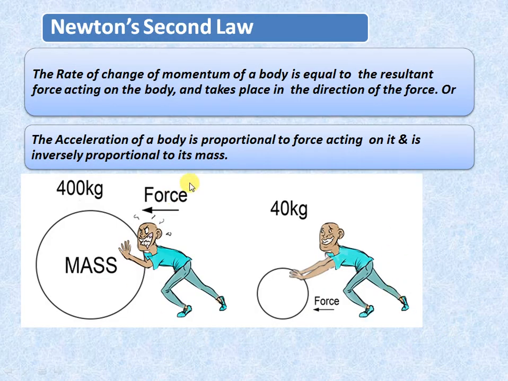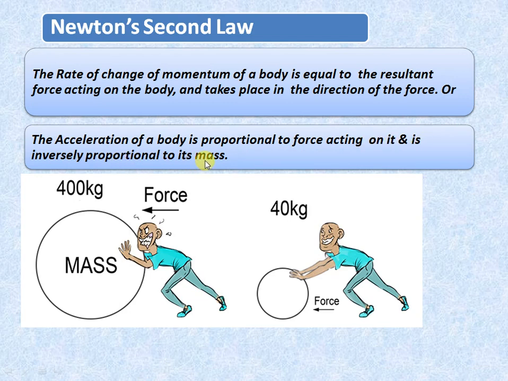Newton's second law states that the rate of change of momentum of a body is equal to the resultant force acting on the body and takes place in the direction of the force. Another statement is that the acceleration of the body is proportional to the force acting on it and is inversely proportional to its mass.